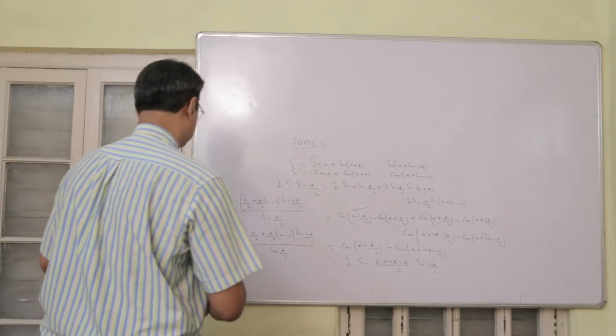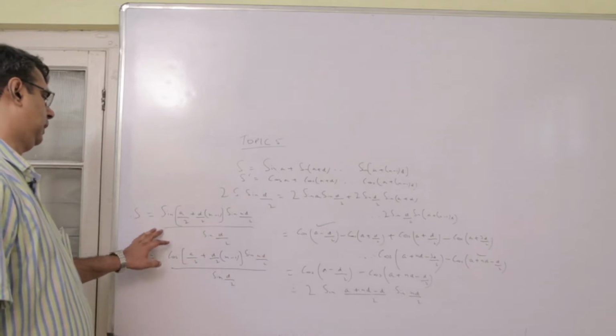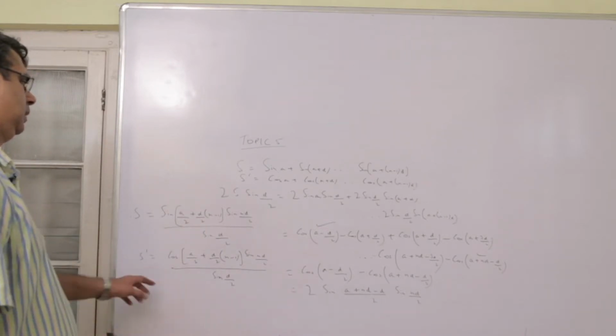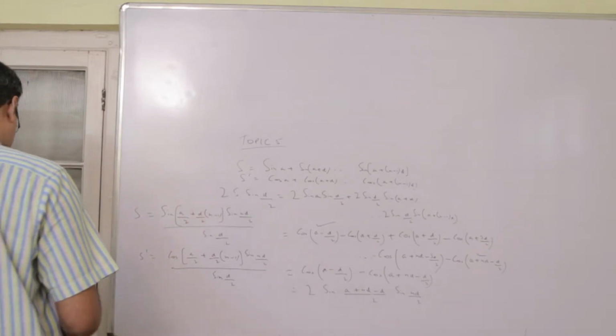So these are the two series, and these two have to be remembered. They have to be committed to memory for the joint entrance examinations. These two can be used as ready-made formulas.